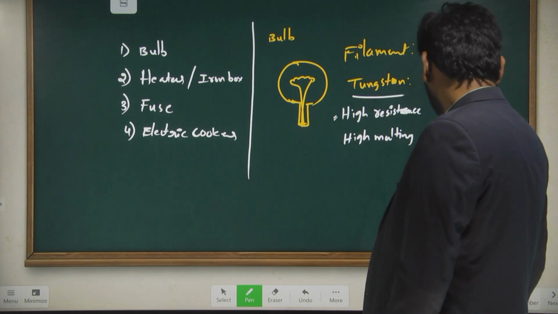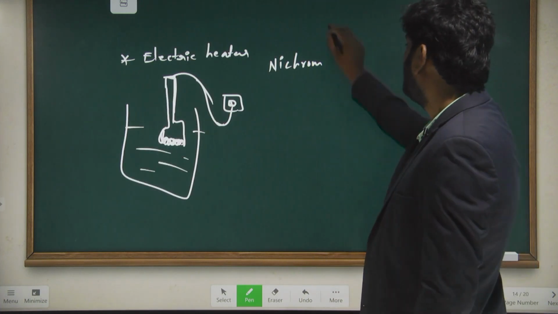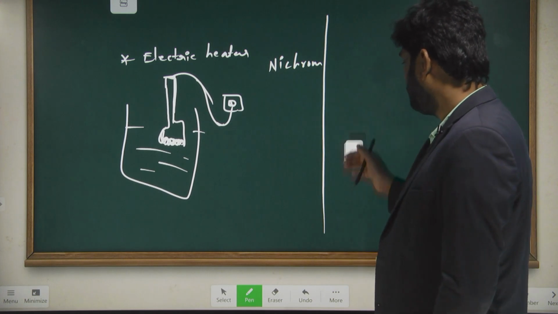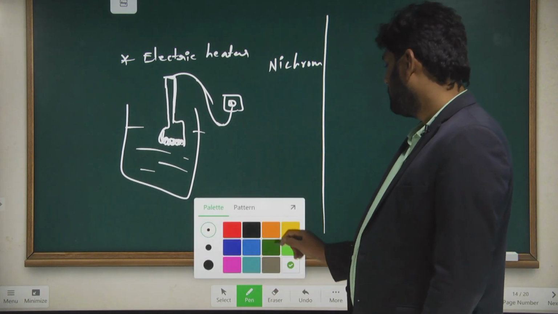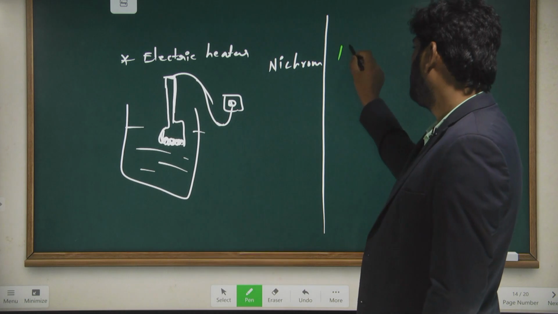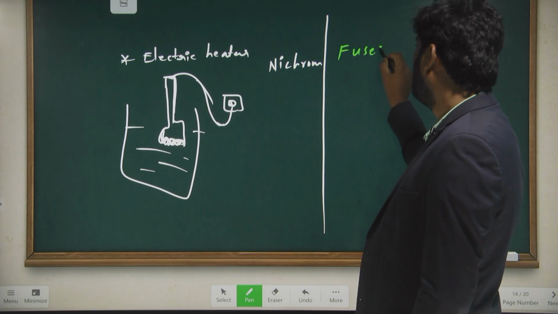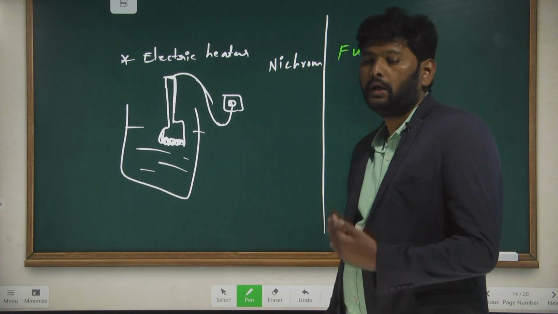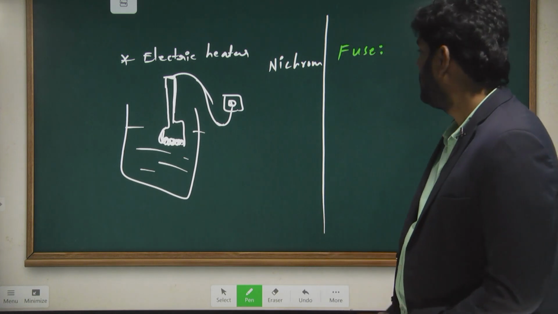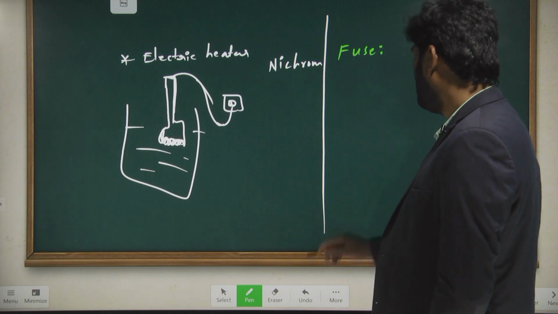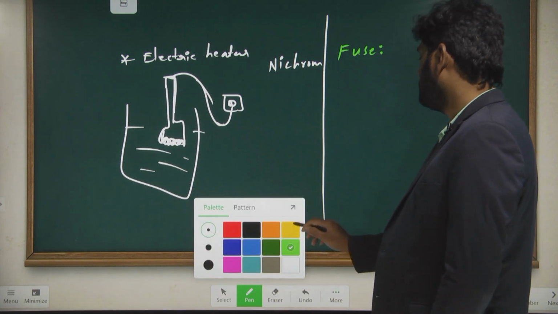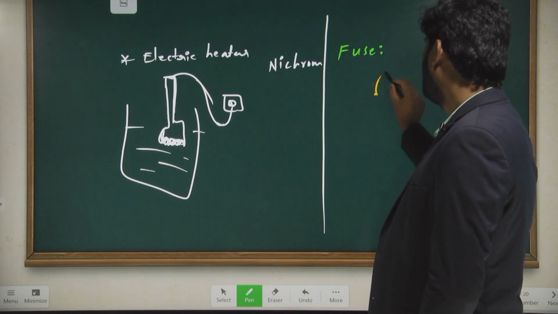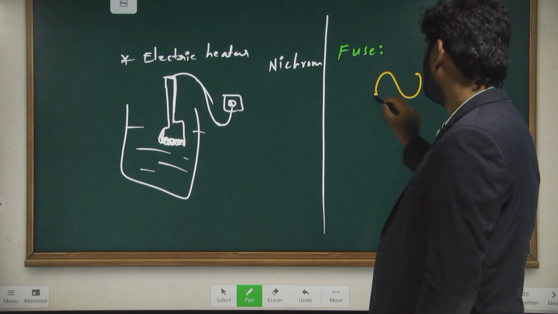But what about the fuse? The next appliance is the fuse. It is very important in our daily life. The fuse also works on the heating effect of electric current. This is the symbol for the fuse.